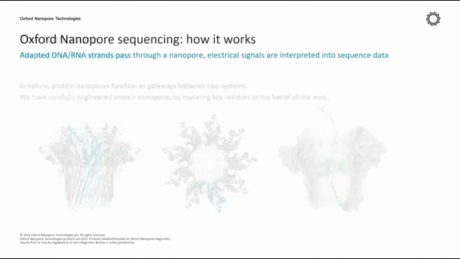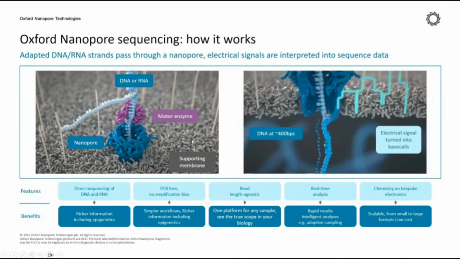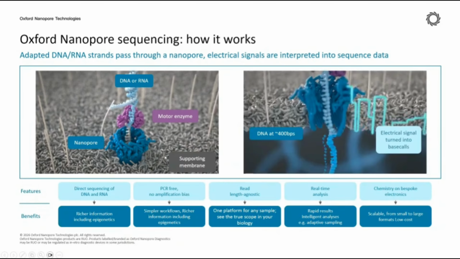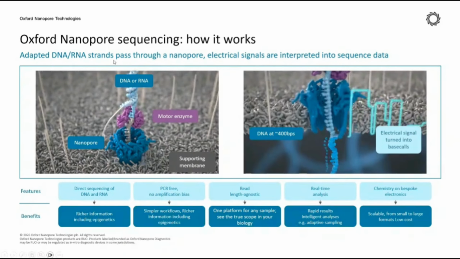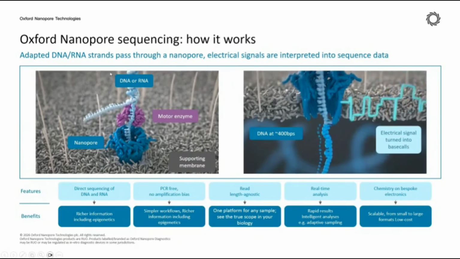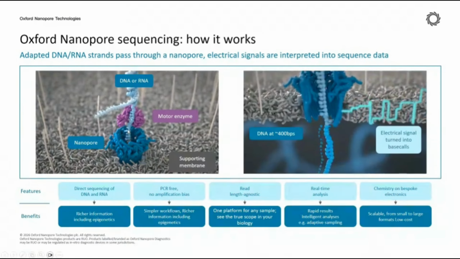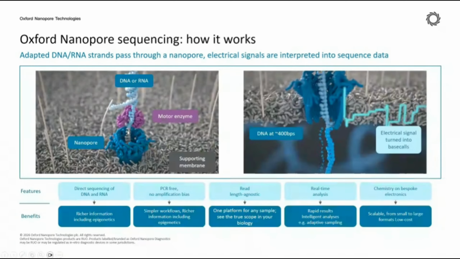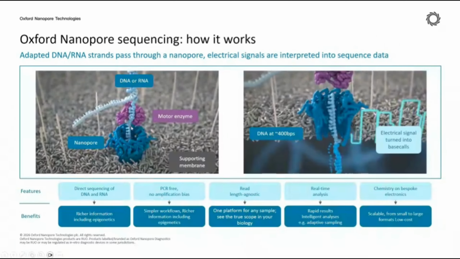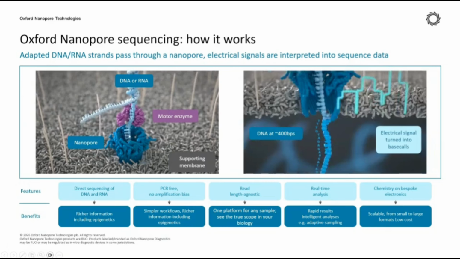So how exactly does it work? I have some animations over here. The nanopore protein is fixed on supporting membranes. Our samples, DNA or RNA, are brought over to the nanopores by using motor enzymes, and the enzymes will also unzip or unwind the DNA or RNA molecules, and let the strand of the DNA or RNA pass through the channels.